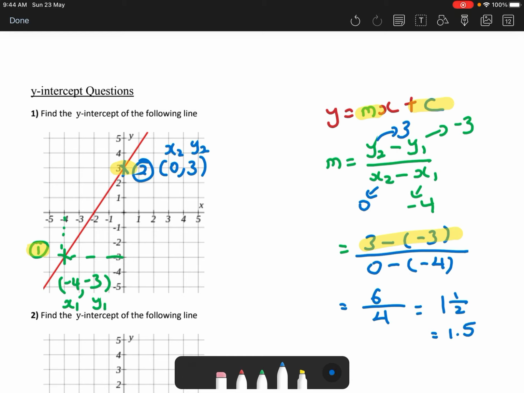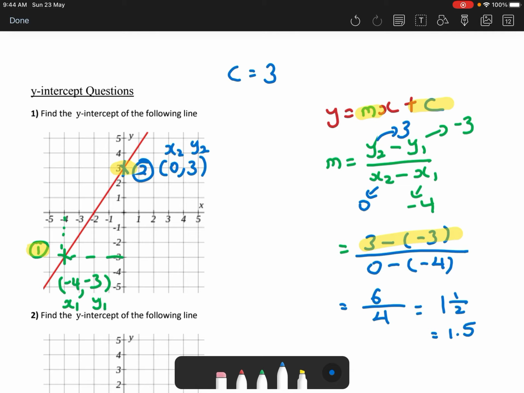So for this, we simply put your y-intercept as 3. Just 3 will be sufficient. Okay, so this is when you are given a graphical picture.